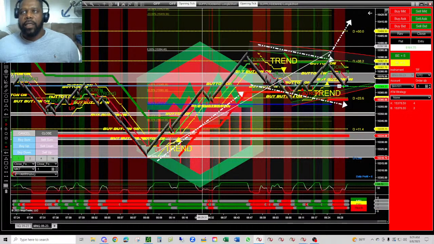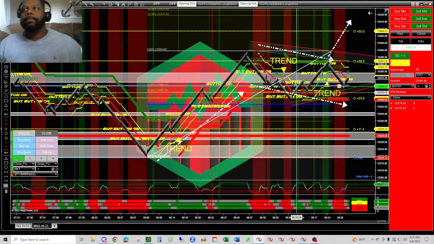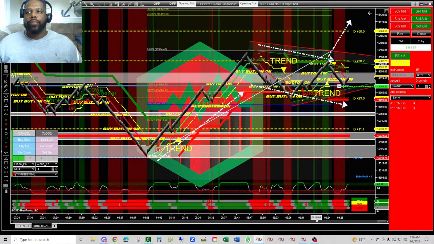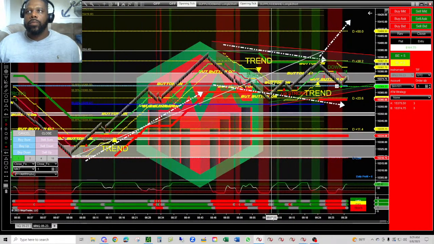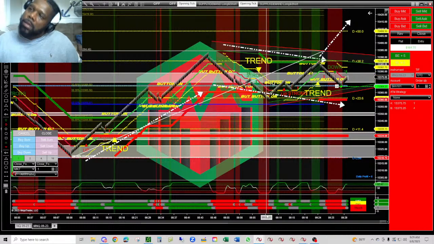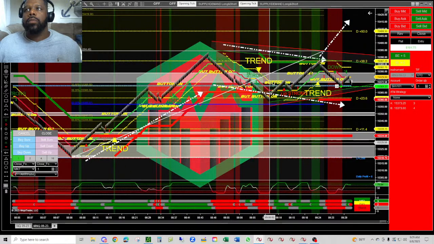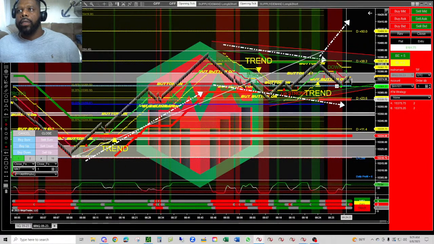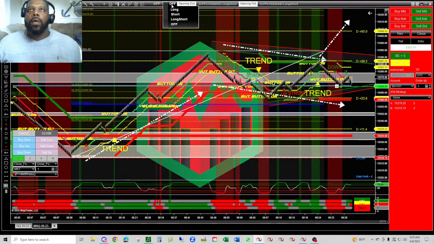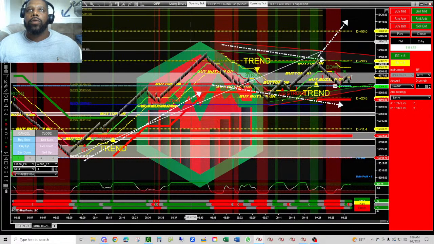It's a bullish indication. So we want to see what they're going to do. They've been bearish all morning. If it breaks this trend here, trend to the downside.